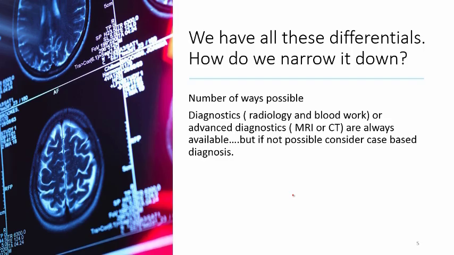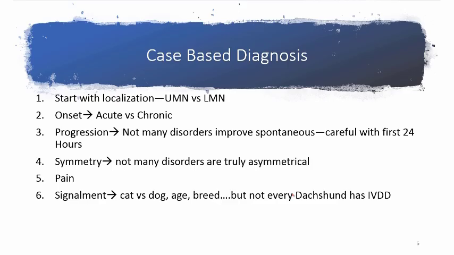So if advanced imaging isn't possible, then I think we need to consider something that I would like to call case-based diagnosis. I didn't make up that term, but I do like it. So how do we do case-based diagnosis? We start with localizing the lesion. Are we dealing with an upper or lower motor neuron lesion?